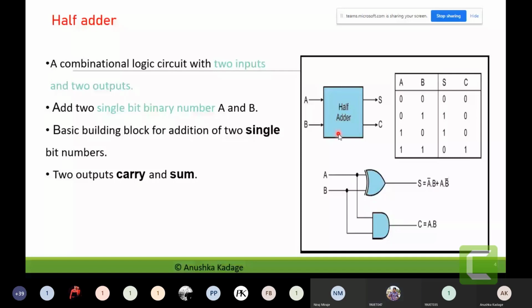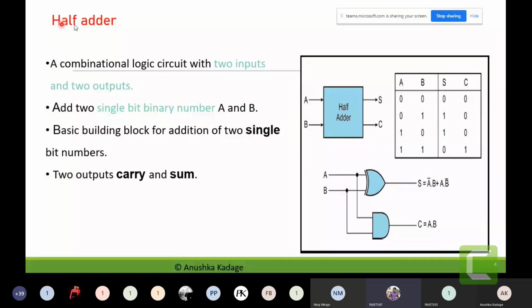For this half adder, the inputs are defined with the letters A and B, and the outputs with the letters S and C, where S stands for sum and C stands for carry. Because in the process of addition, the result will be the sum and the carry generated by the addition of two values.